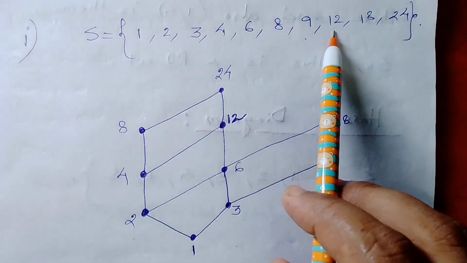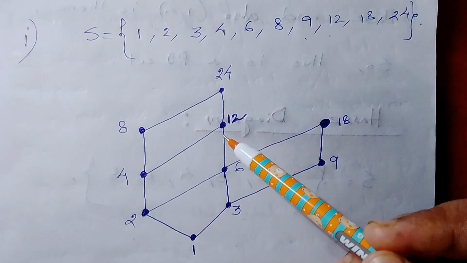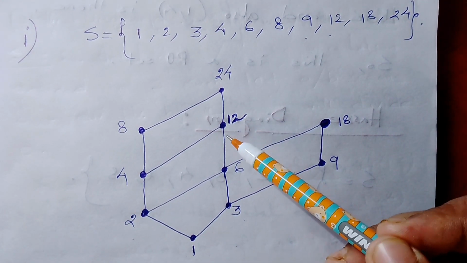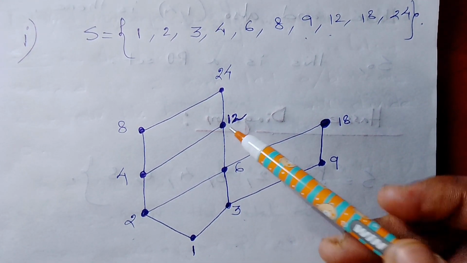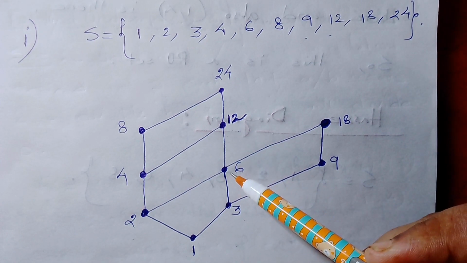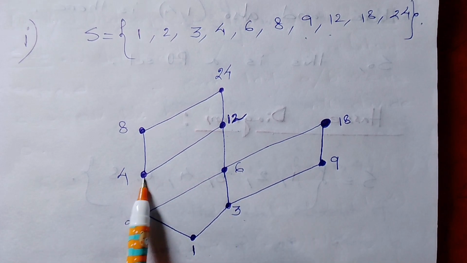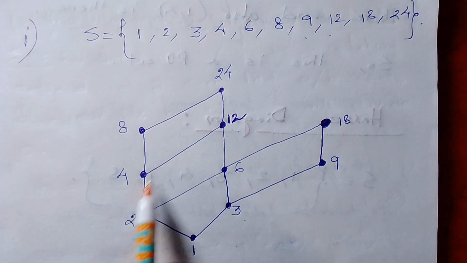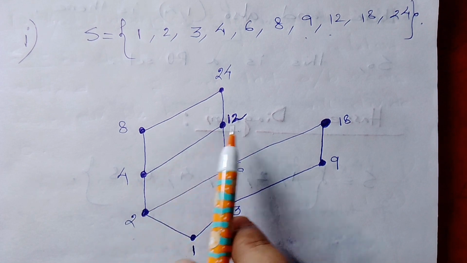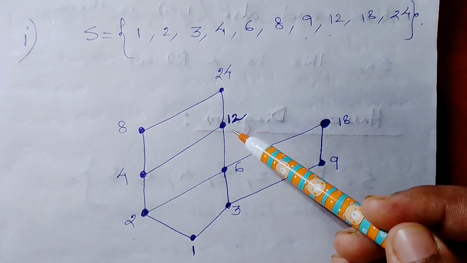Then we will pick the next element, that is 12. 12 will be divided by 6, and on the same height there is 4, and 4 will also divide 12. So we will join 4 and 6 to the vertex 12.